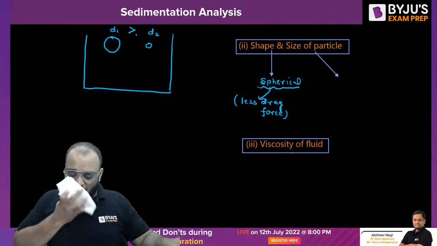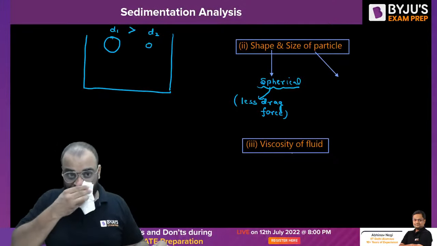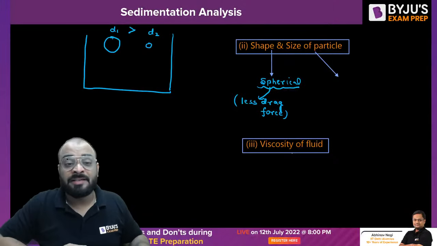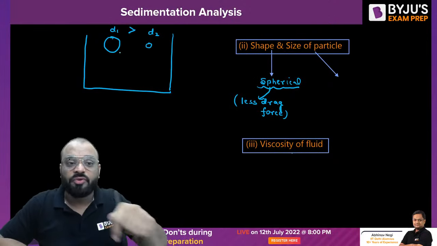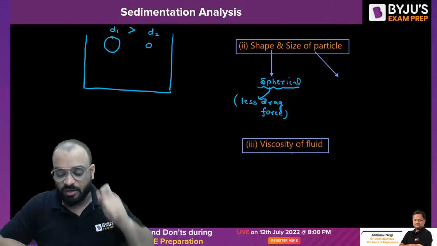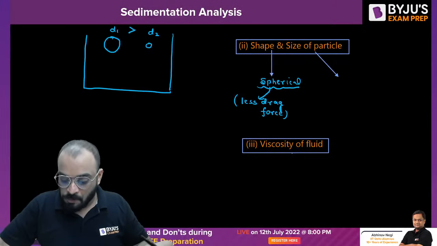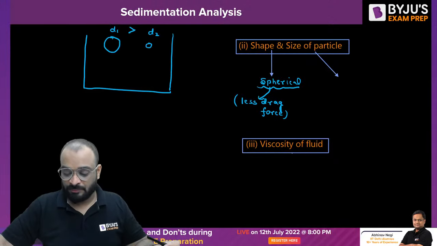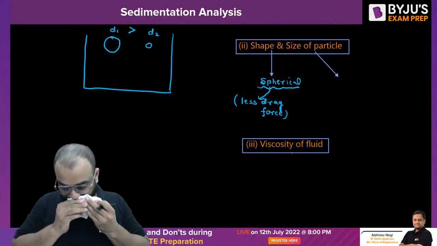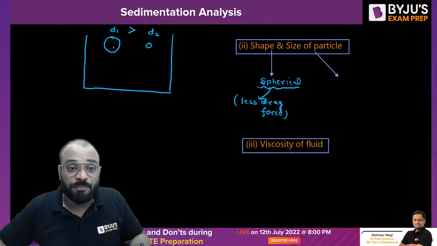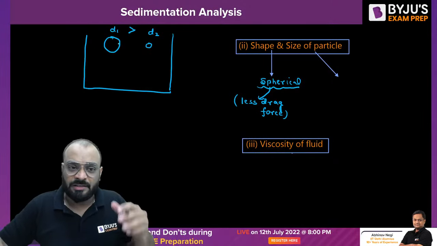Which particle is capable of settling down first, the bigger one or the smaller one? Quickly respond. D1. So definitely if the size of the particle is larger, then it can settle down first.